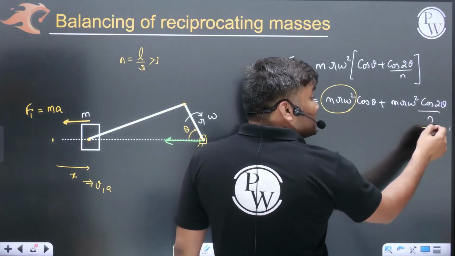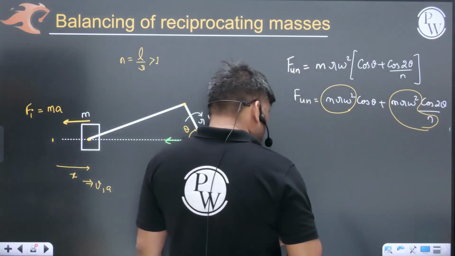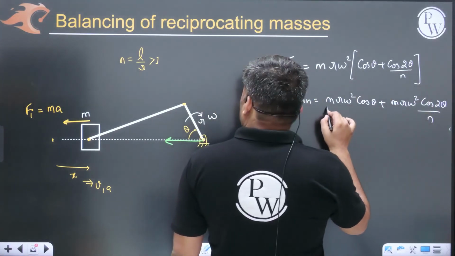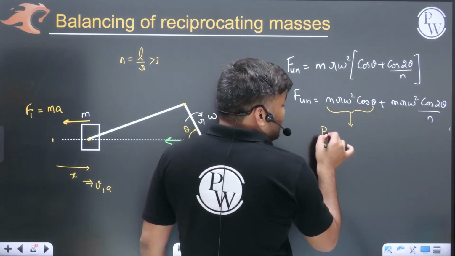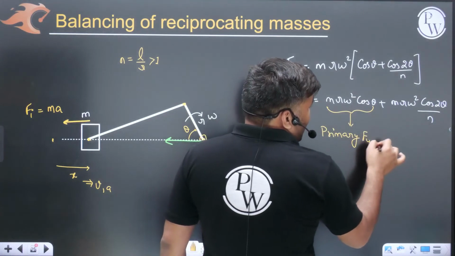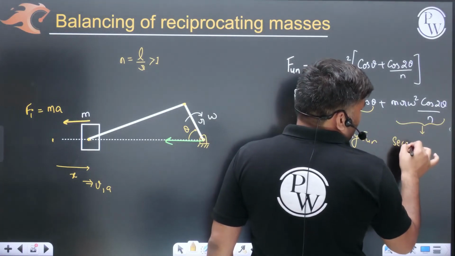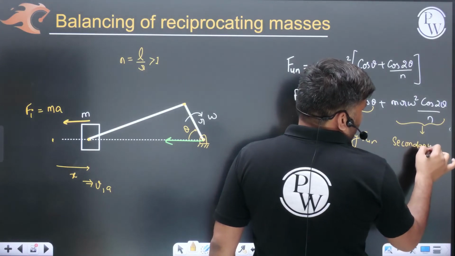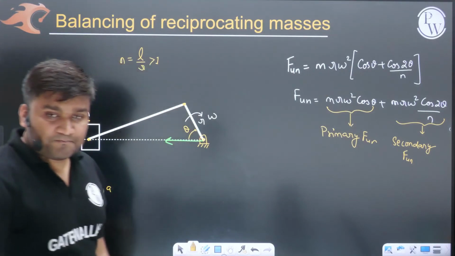This part on the other hand seems to be smaller. m r omega square divided by n. This part is called as major primary unbalanced force, and this part is called as secondary unbalanced force. Getting my point?